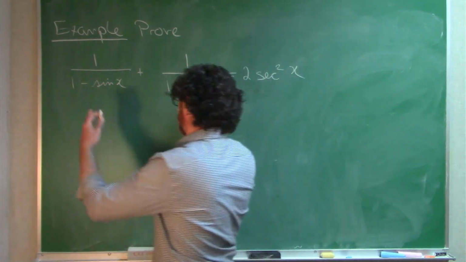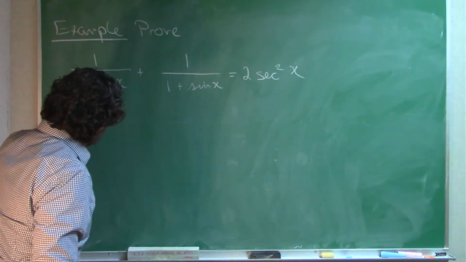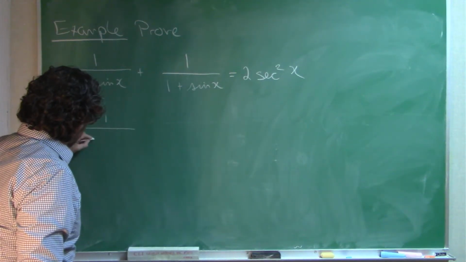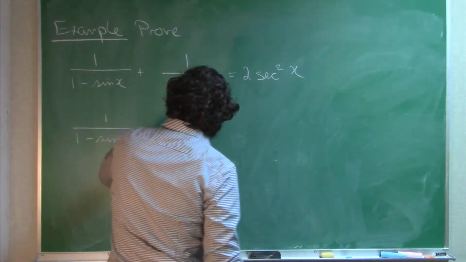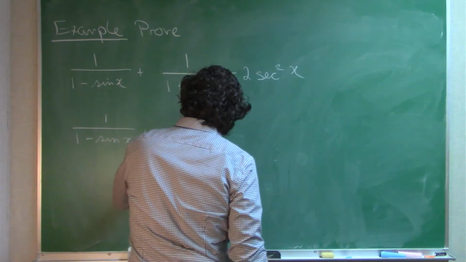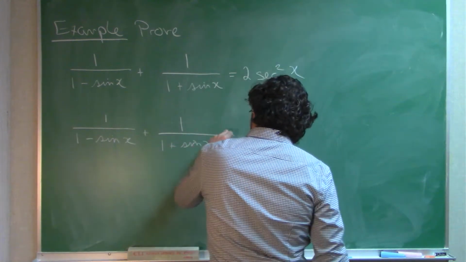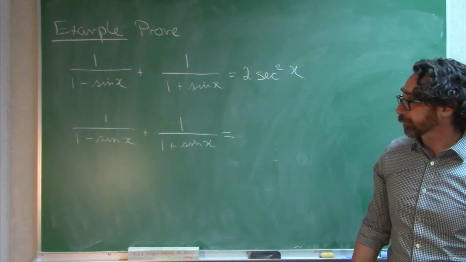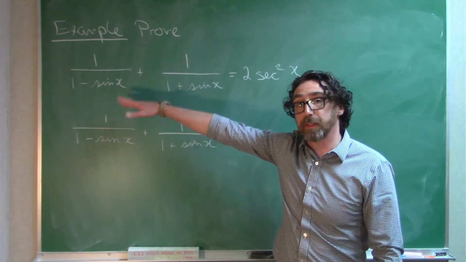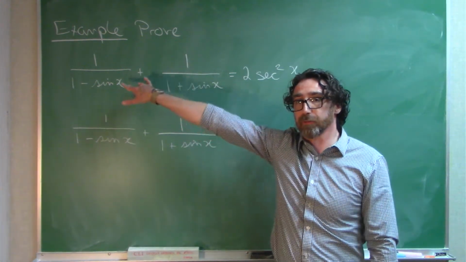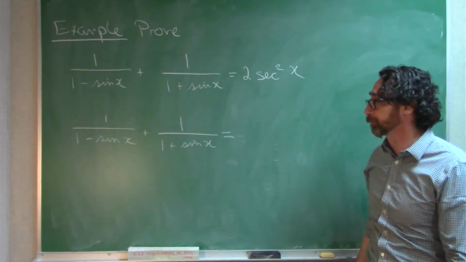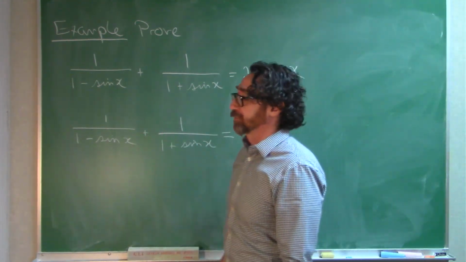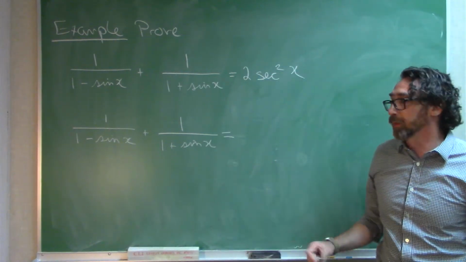So I'm starting with this side, the left side, because that's the more complicated side. I got fractions over here, no fractions over here. To me, that looks more complicated. Now I have to add fractions. What do I need to do when I'm adding fractions?